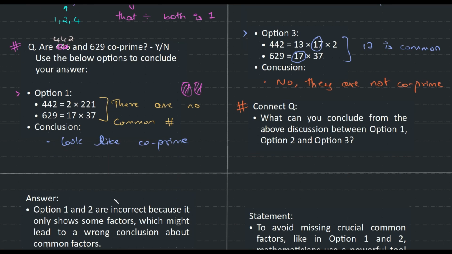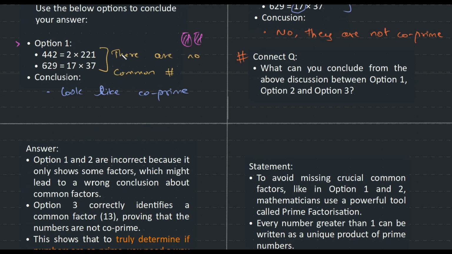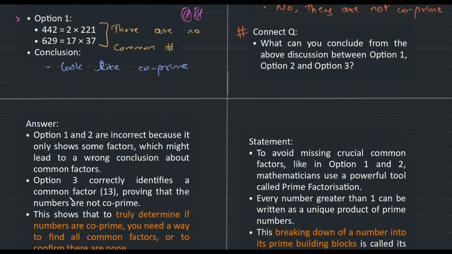So what should we do? The answer is option 1 and option 2 are incorrect because they only show some factors. Here we are looking at only a few numbers that can divide the given numbers, which might lead to a wrong conclusion about the common factor. While option 3 correctly identifies a common factor as 17, proving that the numbers are not co-prime.